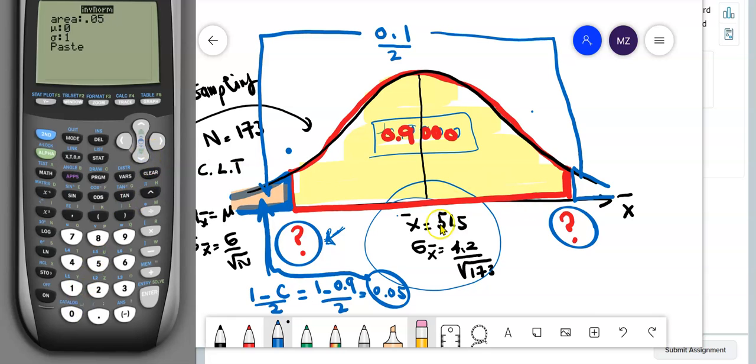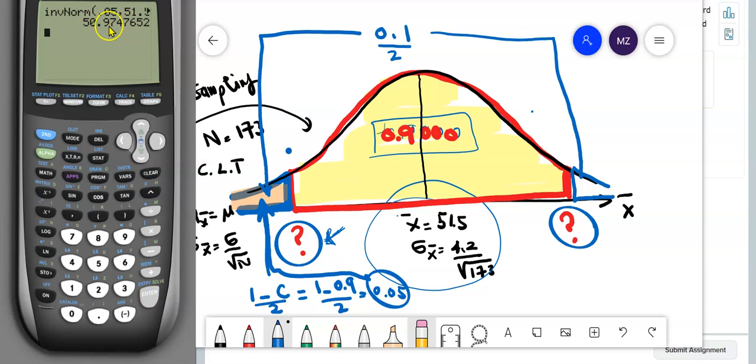The mean, you have the environment 51.5. Then go to the sigma and type the sigma as it is, 4.2, no sweat, you don't need to calculate it beforehand. Divide by the square root, so second and square root here, and 173, close the parentheses. So the calculator, we know the environment, and done.